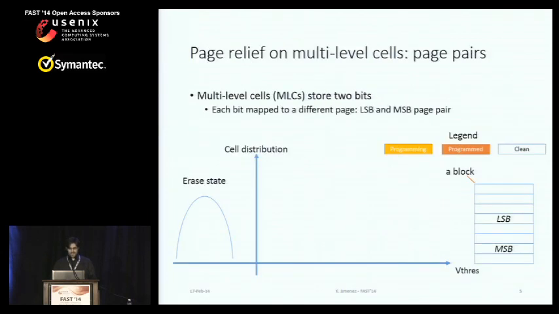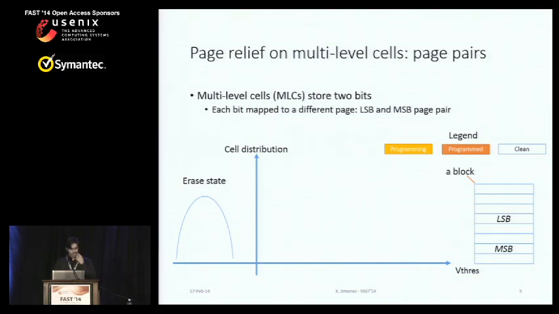There is another aspect that is specific to multi-level cells that we will use. First, some basics about multi-level cells. They store 2 bits, and what is interesting is that each bit is mapped to a different page, which we generally identify as the LSB and MSB pages, and they form a pair.